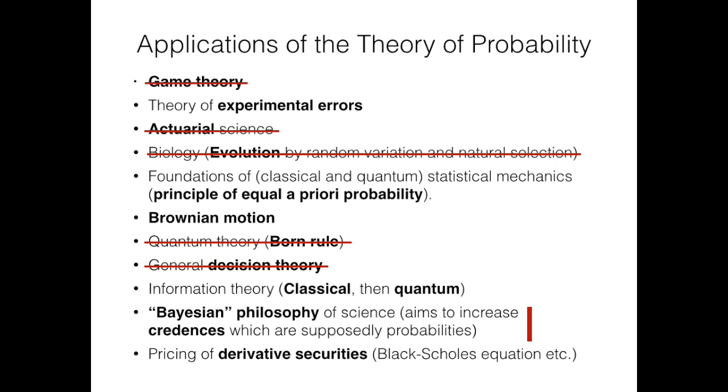And this was translated in the model to all 2 to the n strings are equally likely. And this has caused all sorts of confusion, such as people saying that a state contains maximum information when it has maximum entropy, which is nonsense, and so on. But that's another story. Anyway, we can strike it out.